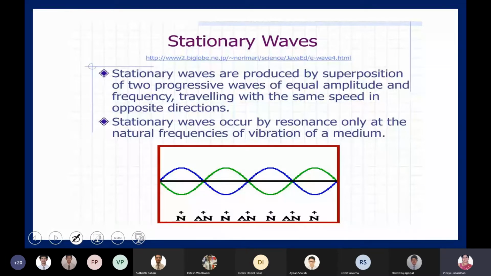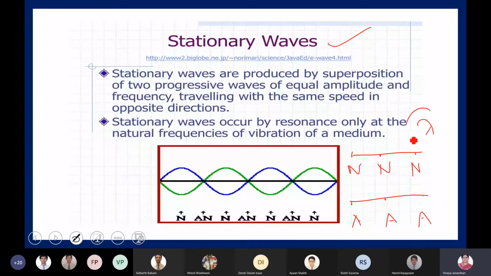Nodes and antinodes are formed when stationary waves are produced. The distance between three consecutive nodes or three antinodes is the wavelength lambda.